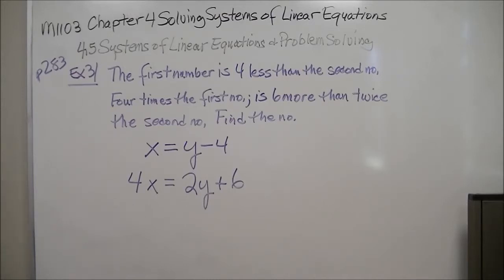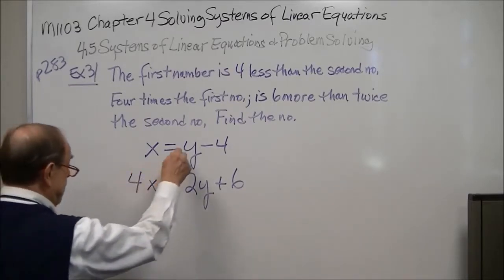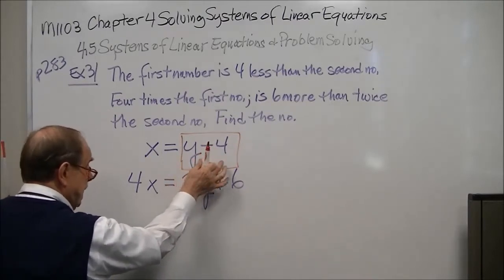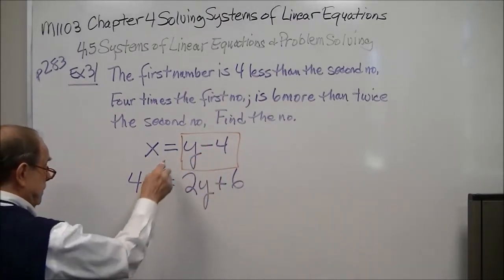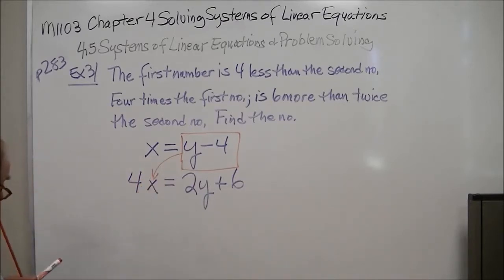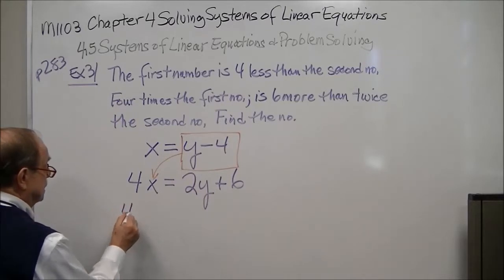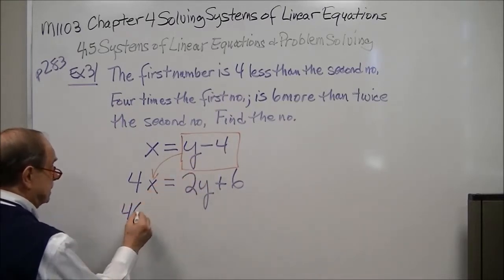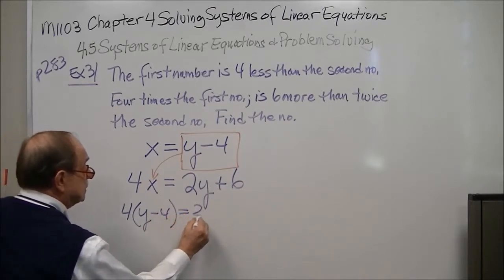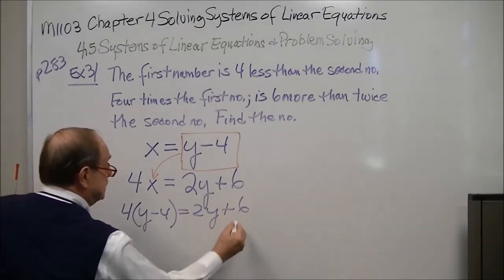So you might say, well, what method would I use then after I set it up? Well, notice you have solved for x here. This is what x is. So we're going to put that value right there and rewrite it as 4 times whatever the x is, y minus 4, equals 2y plus 6.